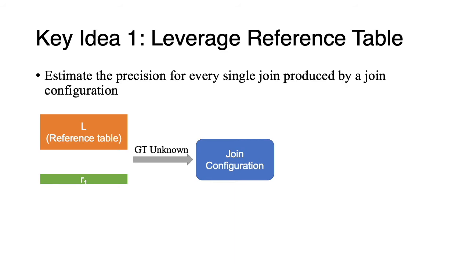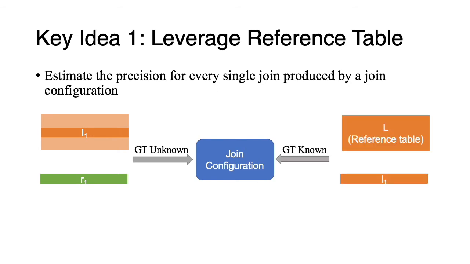Assume that R1 is a record in the R table. When we use the join configuration to join R1 with the L table, we get a record L1, which is identified as the match of R1. To estimate the precision of this join, just like what we did in the previous slides, we can join the record L1 with the L table.